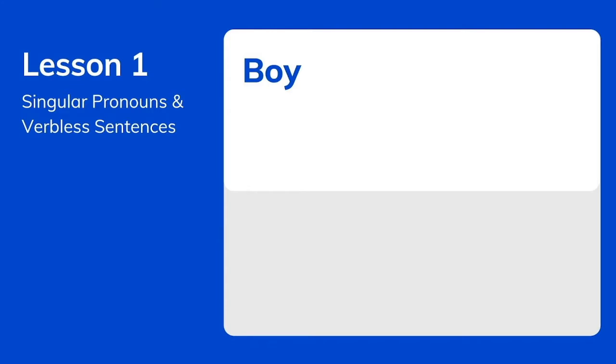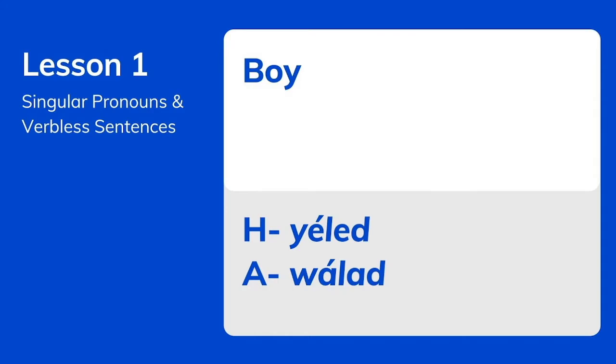Now, the word for boy in Hebrew is yeled, and in Palestinian Arabic, it is weled. Now, I want to point out that oftentimes when you have a noun in Hebrew that begins with a Y sound, the Arabic cognate will often appear with a W. So in Hebrew, we have yeled. In Arabic, we have weled.